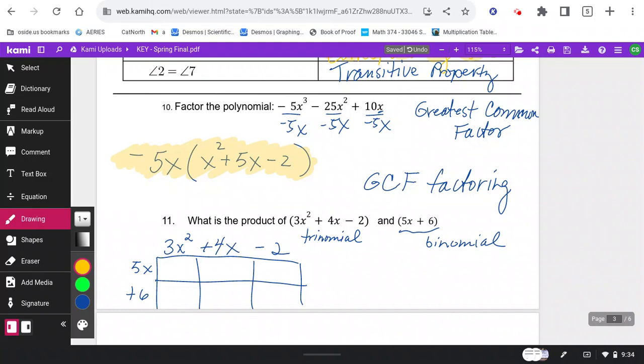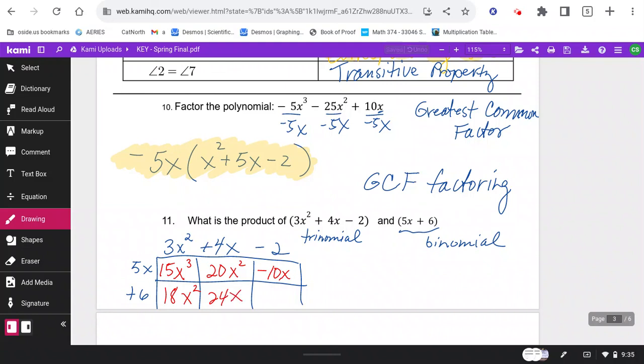So now just fill in the box. 5 times 3 is 15. X times x squared is x to the third. 5 times 4 is 20. X times x is x squared, negative 10x. 3 times 6 is 18. 6 times 4 is 24. Don't forget the x. And negative 2 times 6 is negative 12.